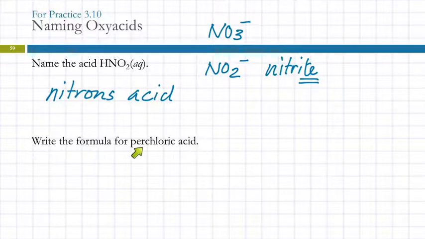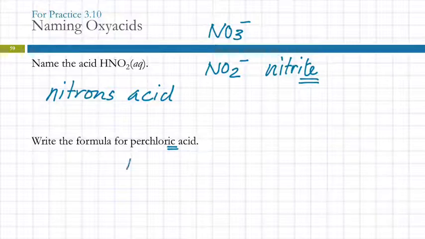Let's write the formula for perchloric acid. There's no hydro in front of this. That tells us this is based on an oxyanion, and this is a derivative of that oxyanion's name. So this has the ending ic. Which suffix goes with ic?